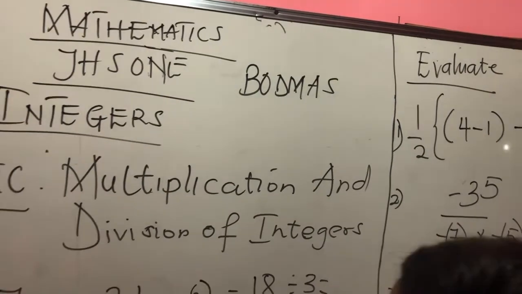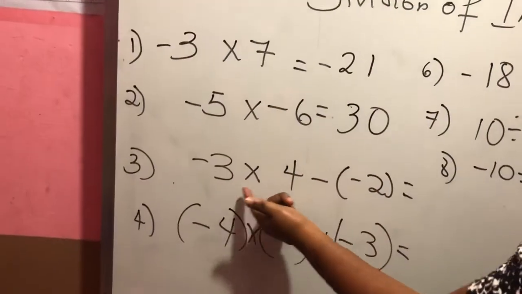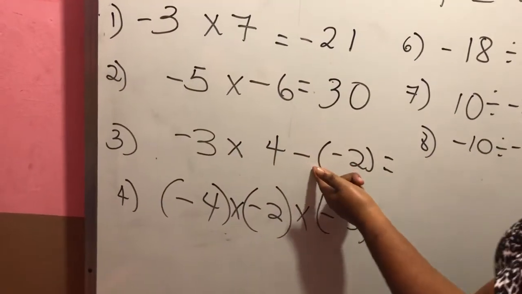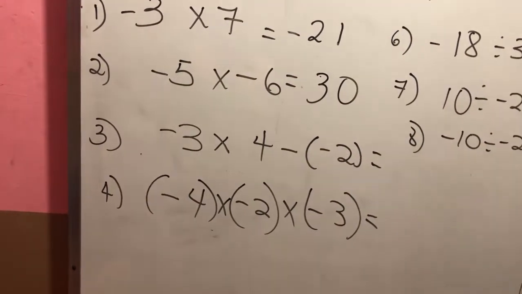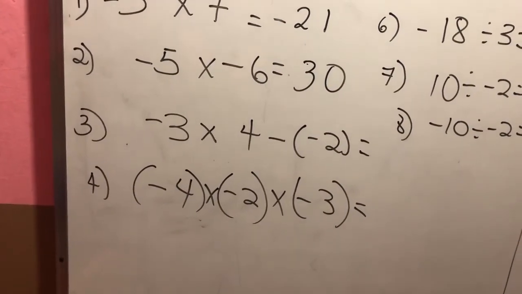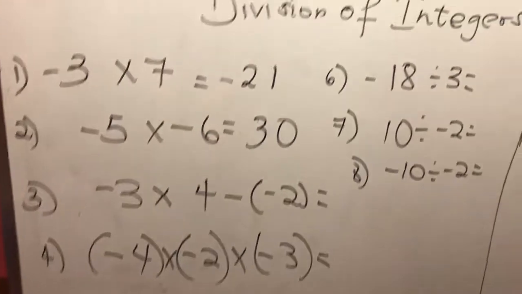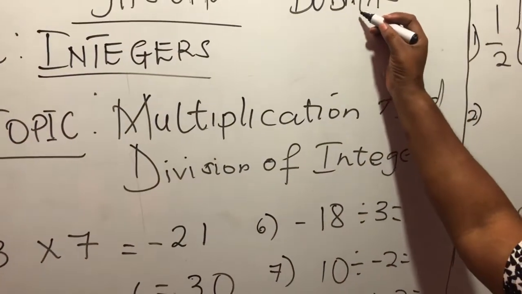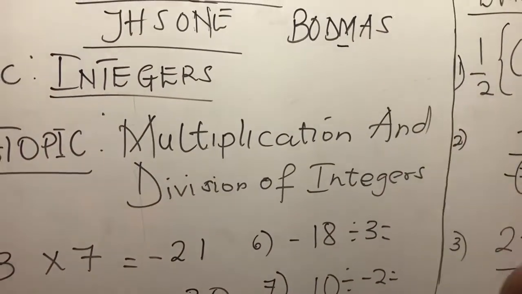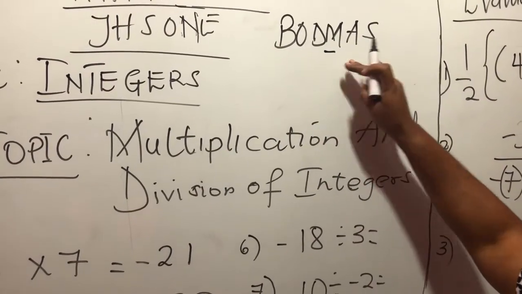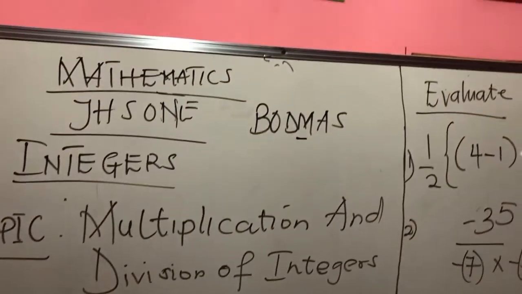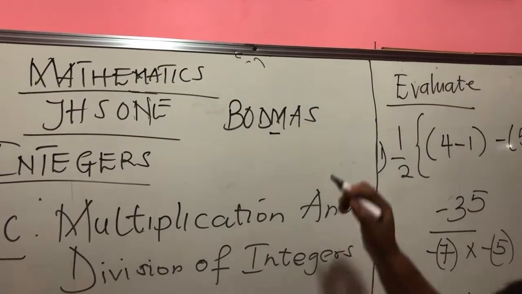So we have a -3 being multiplied by 4 minus -2, right? Now when you look at our BODMAS, which one are we supposed to deal with first? Multiplication, right? The first one we are dealing with is multiplication, because multiplication comes before the subtraction here. So we deal with our multiplication.